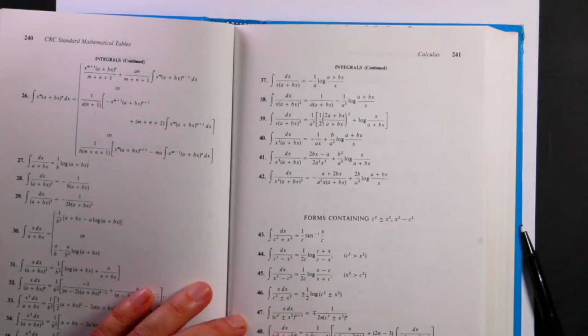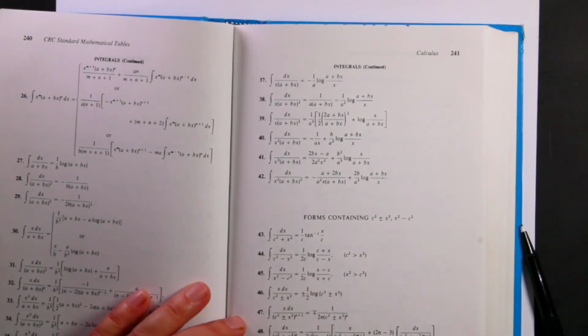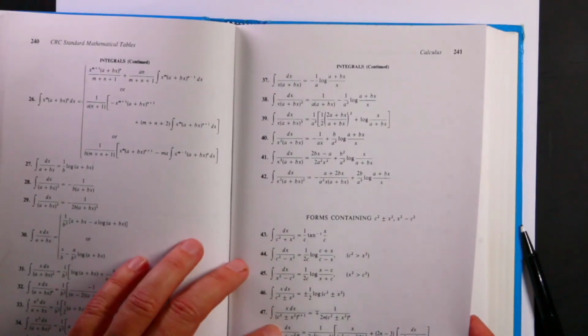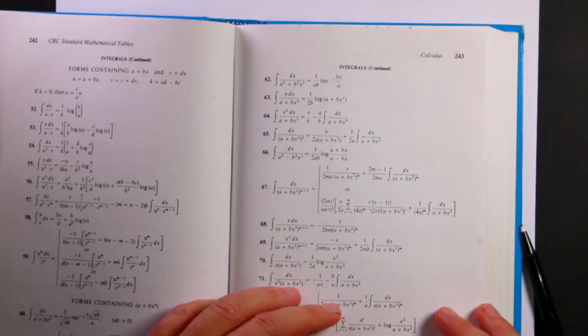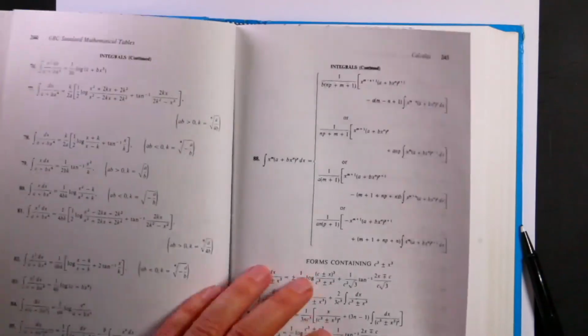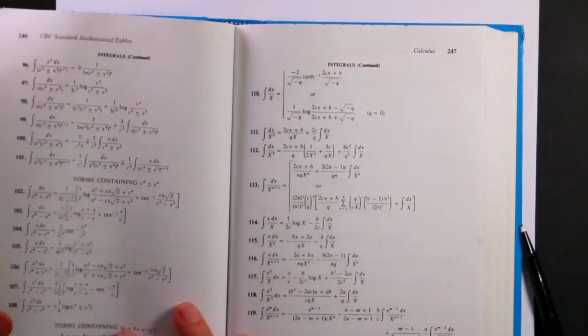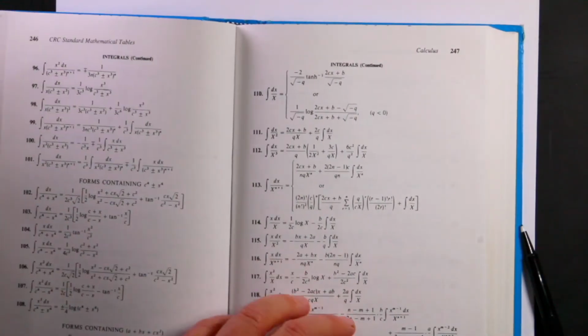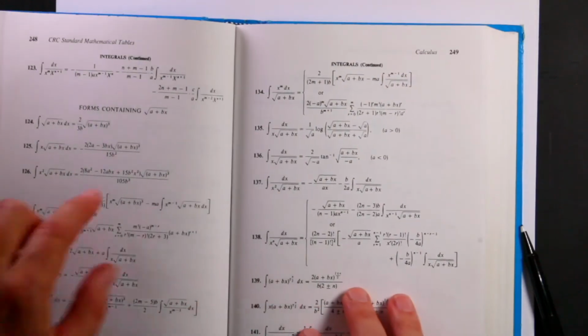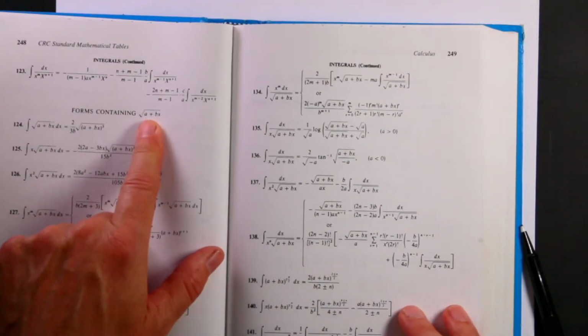So I think it's going to be down here, a square root. I'm getting close, I can feel it. Okay, that's close. Square root of a plus bx. I do not want that.